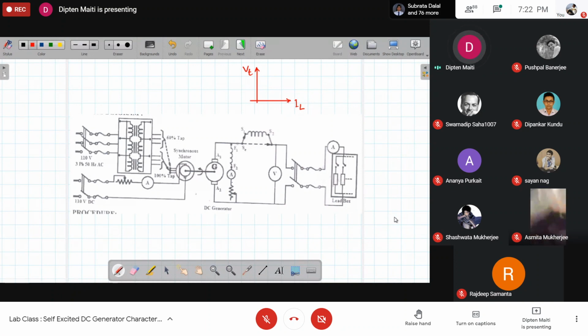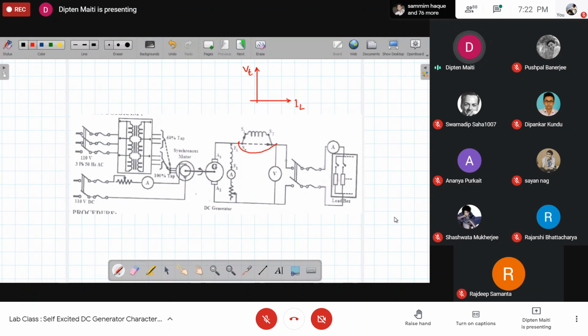So the series field would be bypassed, and the connection would be taken from the shorted point of A1 and F1, connected across the voltmeter and thereby the terminals of the load box. Now by changing the load box resistance or the load box switches, we can change the load current, and due to the change in the load current, there will be a change in the terminal voltage.